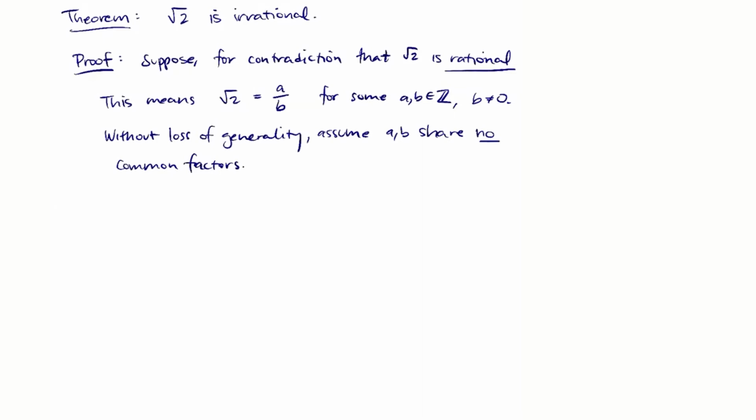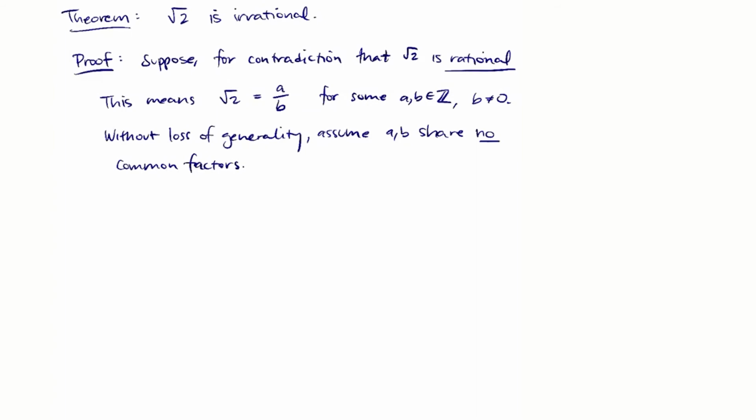And why is this without loss of generality? Because suppose that they did have a common factor. Now I've got a divided by b. I can just cancel out that factor and come up with a new a prime and b prime, where a prime divided by b prime is equal to a divided by b, but now that factor is removed. So I'm assuming that a and b do not have common factors.